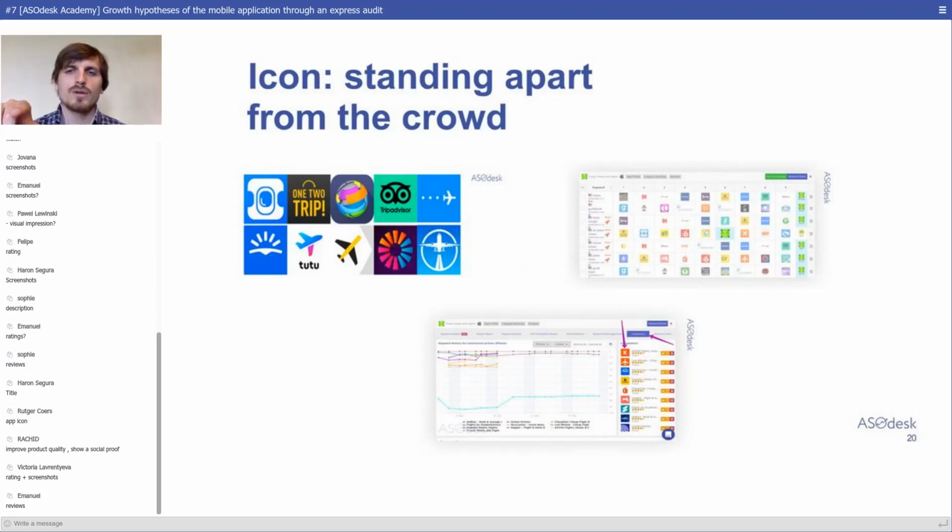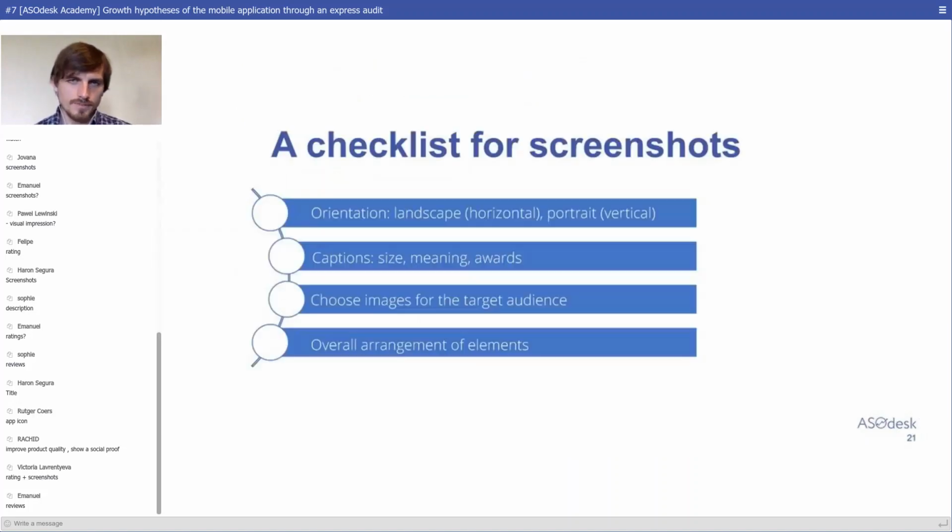We're opening the competitors tab, and we can look at all the competitors' icons at the moment and try to hypothesize how we can stand apart from the crowd of other icons. Or the same we can do in the other tab of ASOdesk platform, where we can look at all the icons when they are vertically filtered. So that's another point.